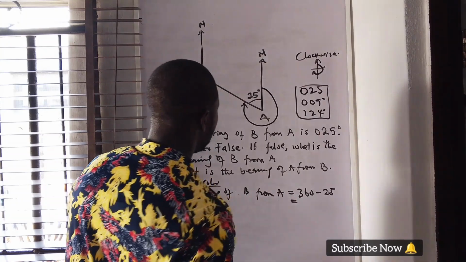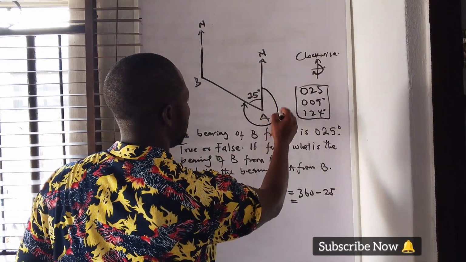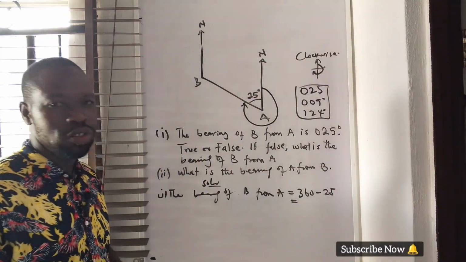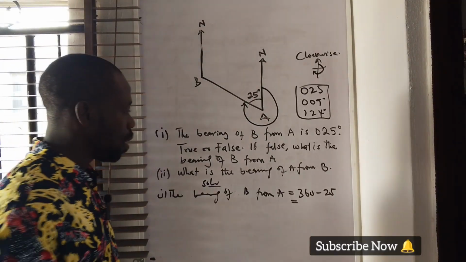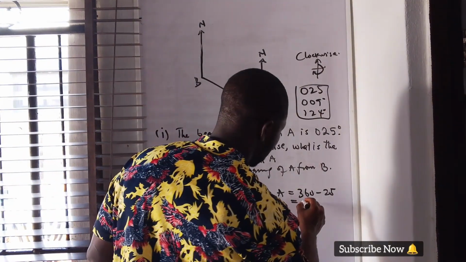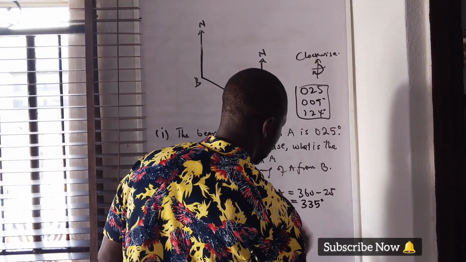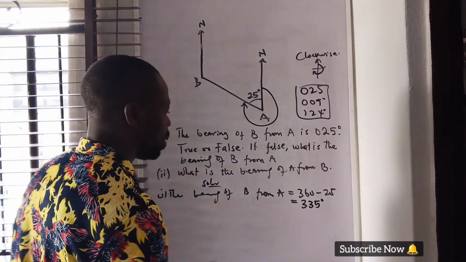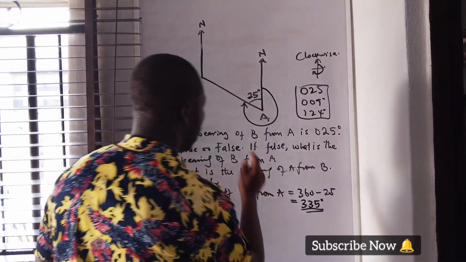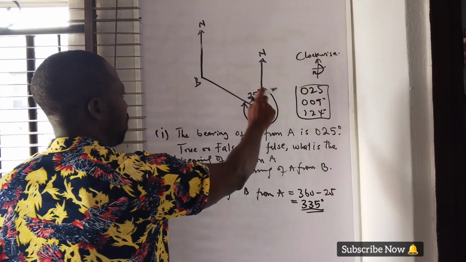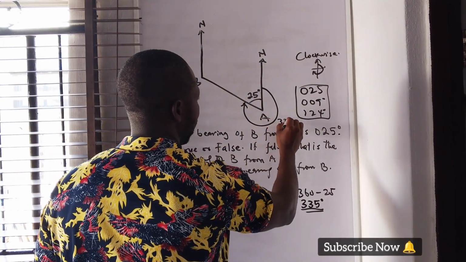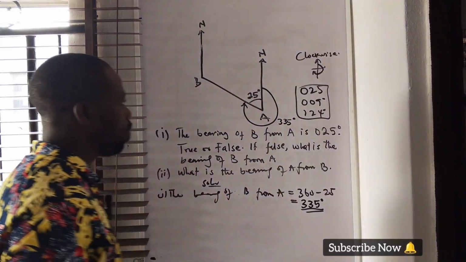All right, the whole of this angle is the bearing of B from A. And when you do 360 minus 25, you're going to be getting 335 degrees. Right? This is the bearing of B from A, 335 degrees. Simple as ABC.